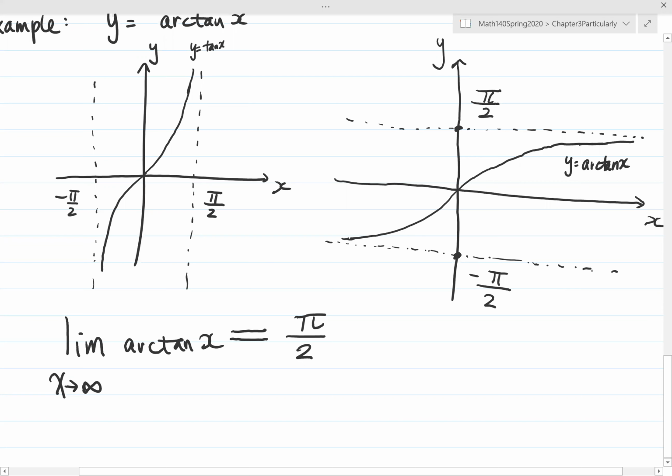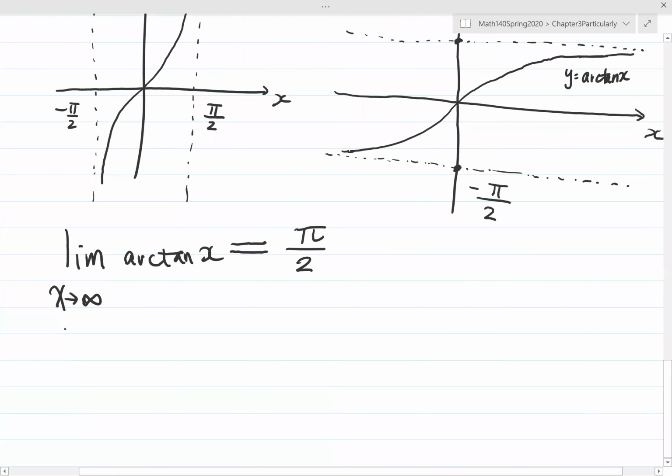The definition of the limit at negative infinity is the following: if the function value gets arbitrarily close to L when x is sufficiently large in the negative direction, then the limit of f(x) is L as x approaches negative infinity. So what we write in this case is the limit as x approaches negative infinity of arctan x.